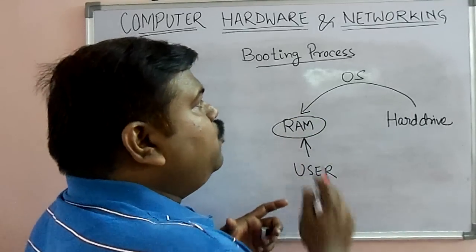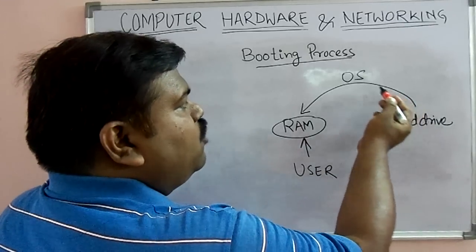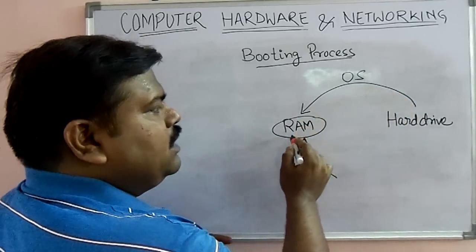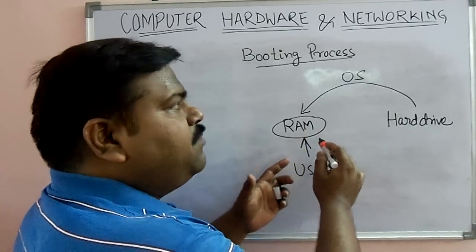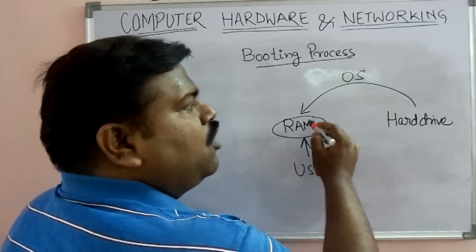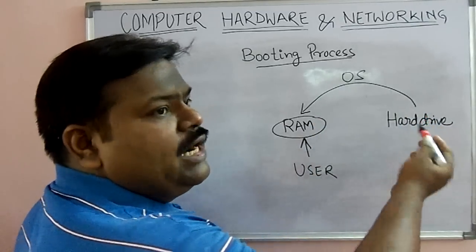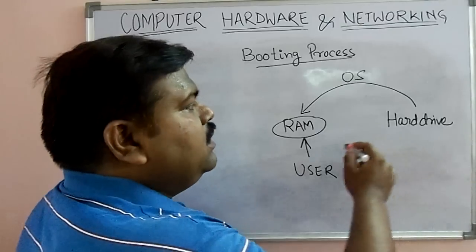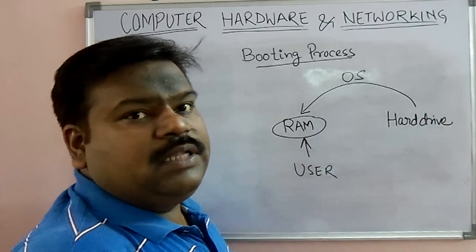So in the booting process, the OS starts to come from hard disk to this RAM, and when we save something, then from RAM it goes to the hard drive. Because the hard drive is permanent storage, when we save something, it goes to the hard drive and is stored there permanently.